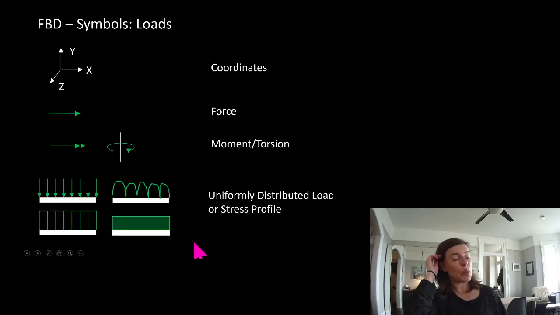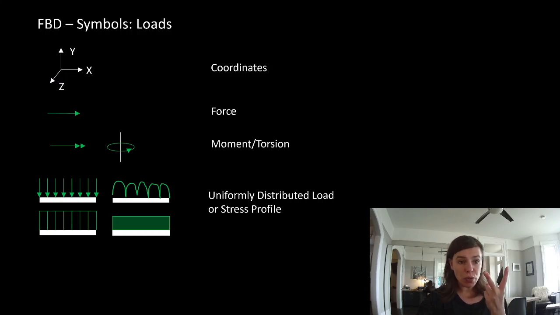So last week we talked about coordinates. So we know y is up, x is back and forth, and z is in and out of the page. If we're talking about 2 dimensions, which is what we often do, we're talking about the xy plane, and we know that we're talking about spinning about the z-axis.